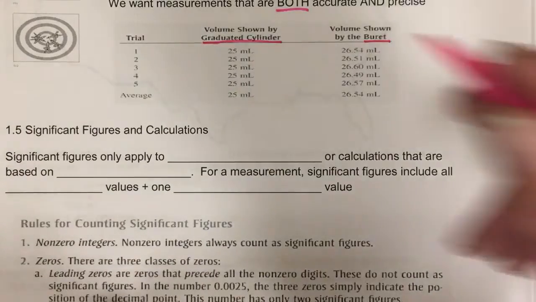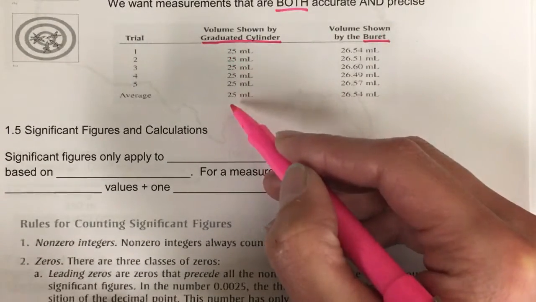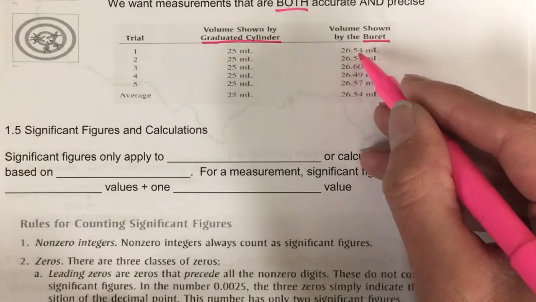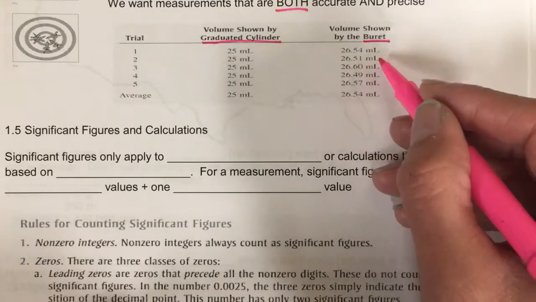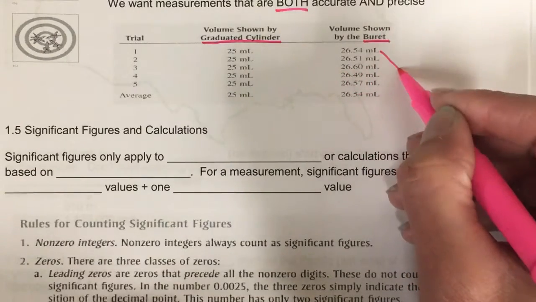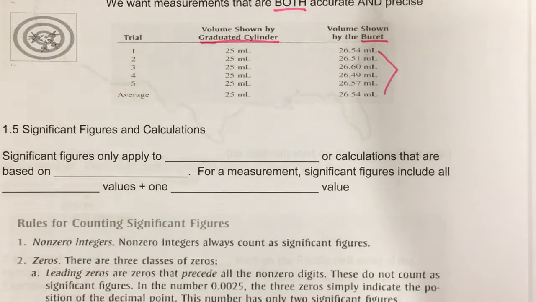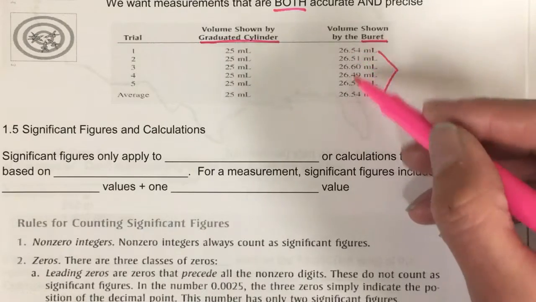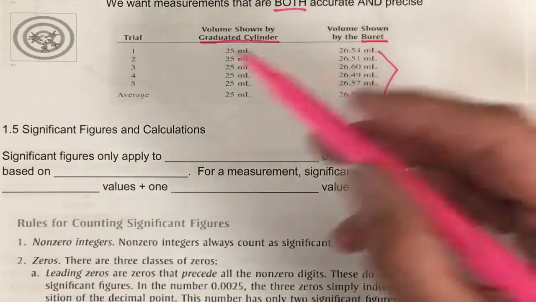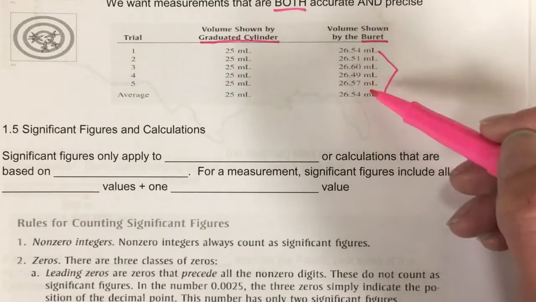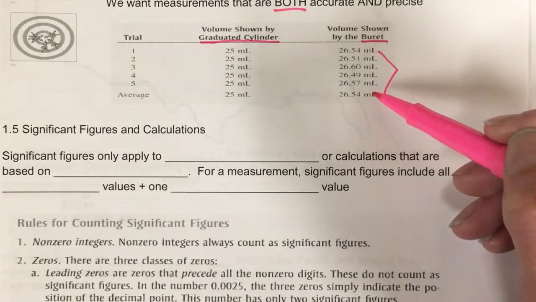If you look, the burette, instead of having 25 milliliters, it's actually 26.54, 26.51, 26.60. If you notice, there's a lot more information given to me from the burette. So my measurements here are a lot more precise because they're a lot closer together. Well, sorry, this is actually more precise, but odds are these are more accurate and they're also precise. Okay?